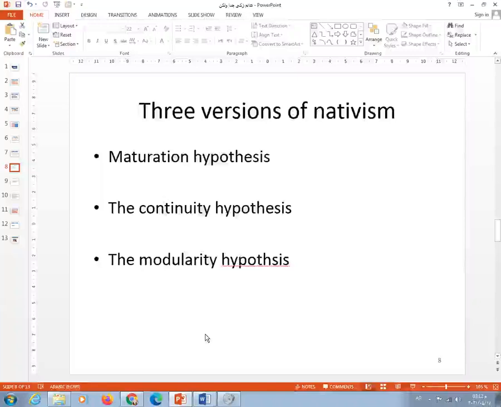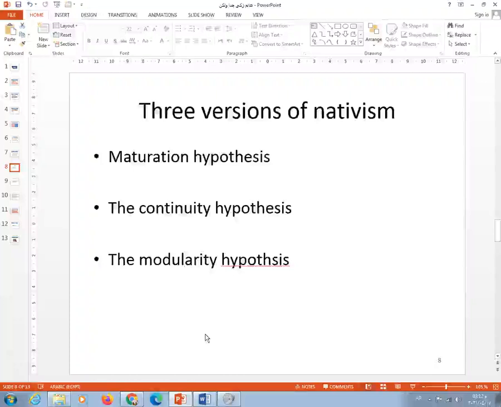The second is continuity theory or hypothesis, and this is also proposed by Clashen, and they said that child grammar changes over time, and this is attributed to a lot of things. For example, the child's lexicon, the memory size, and the processing capacities. And Clashen said that child's grammar is restructured once a new lexical item is learned.